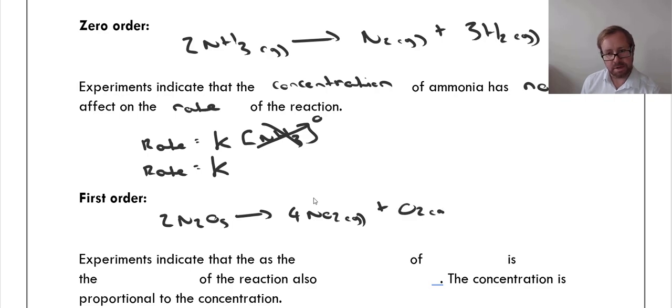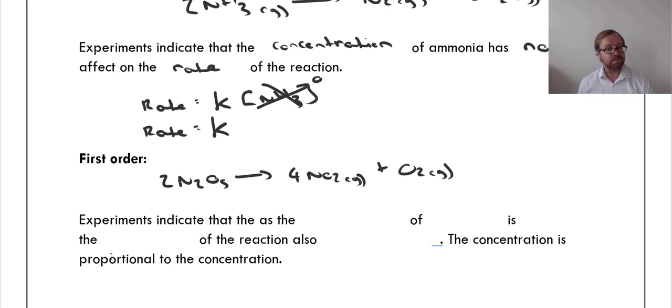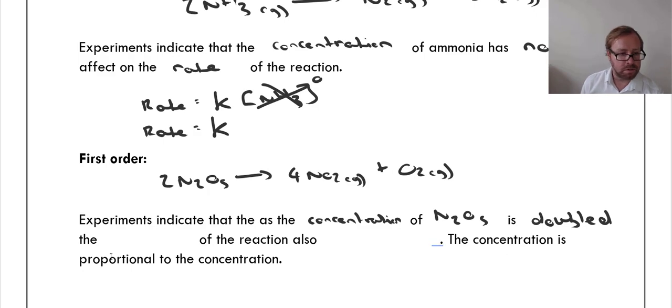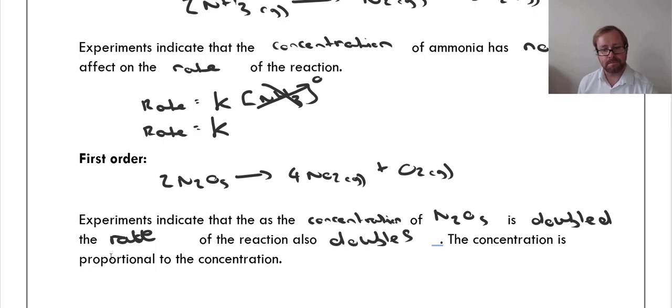So we've already seen this with our reaction mechanism, so we'll use this as an example again. So again, we do some experiments, and our experiments indicate that as the concentration of N2O5 is doubled, the rate of reaction also doubles.